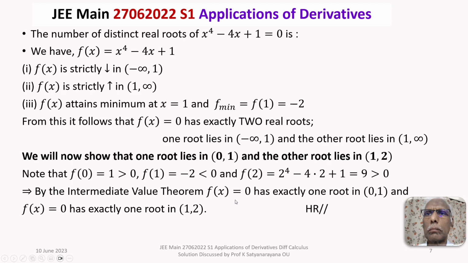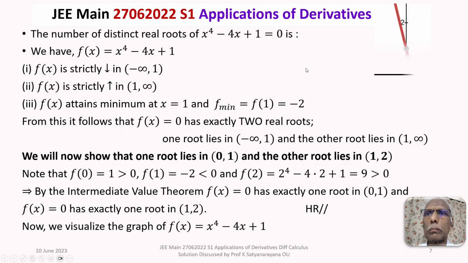So with this analysis, I can now visualize the graph of f of x equal to x to the power of 4 minus 4x plus 1. So that is your x-axis and y-axis, and your graph of f of x is decreasing and attains its minimum at x equal to 1.